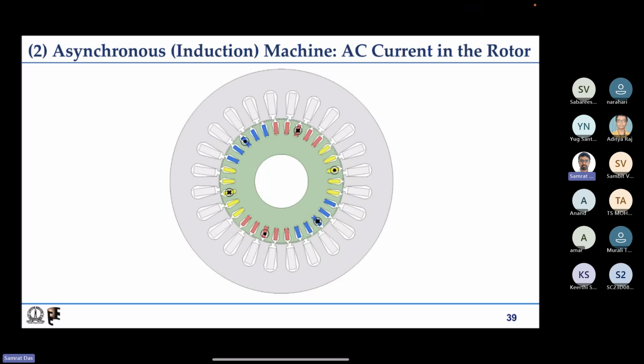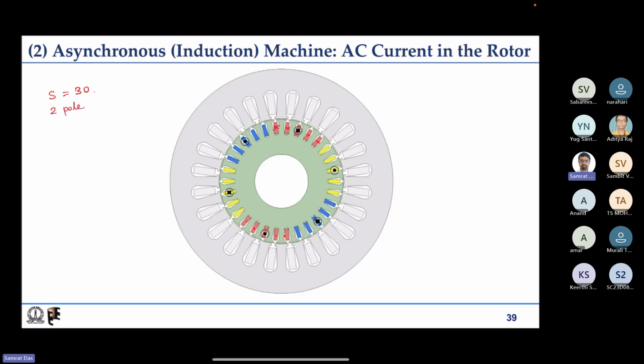The color shows which phase the conductors belong to. I have taken the number of slots as 30, and I want two-pole production.